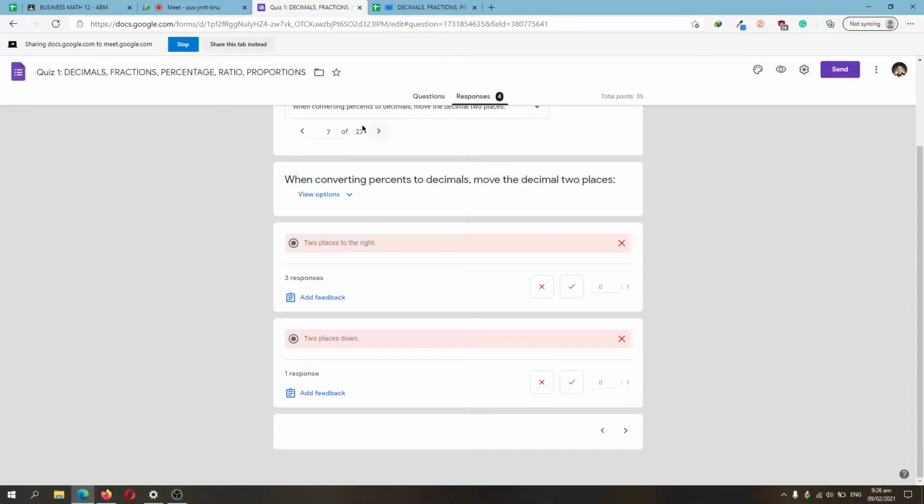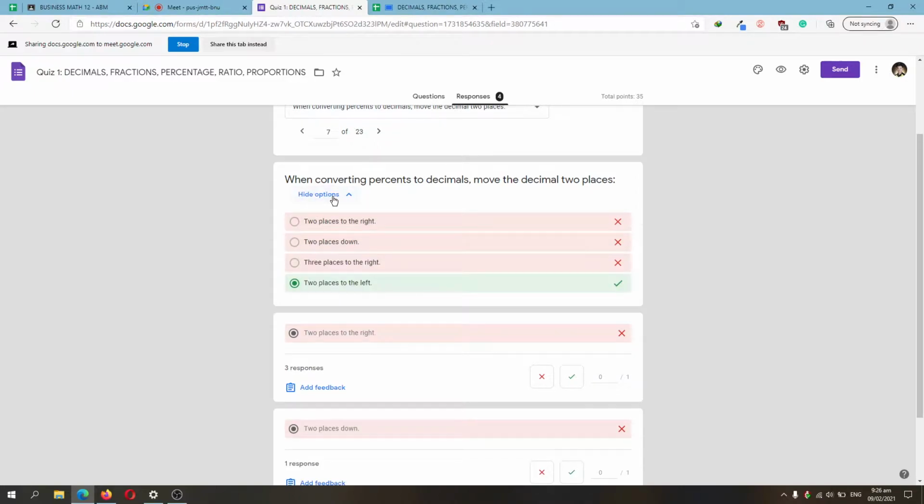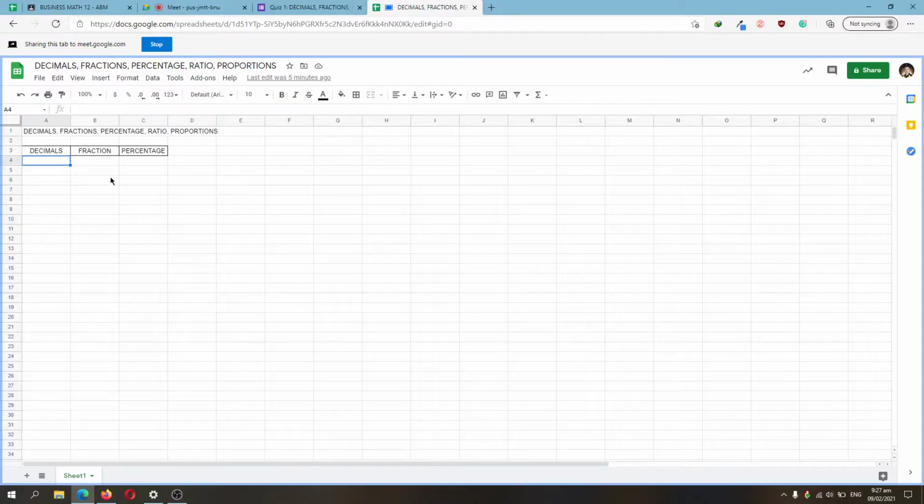Doon sa isang theory, when converting percent to decimal, move the decimal 2 places. Ayan. So, saan natin i-move yung decimal place natin? For example, ang decimal natin ay 0.2.